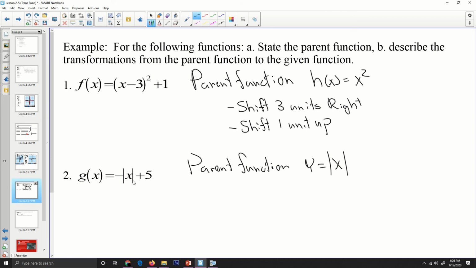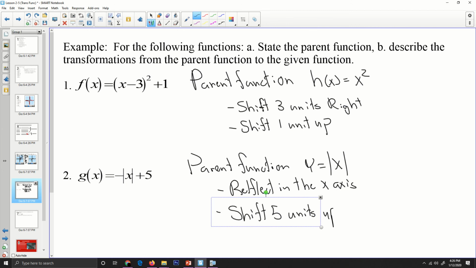So making the function negative, that's going to be a reflection in the x-axis. And then the +5 will be a shift 5 units up.